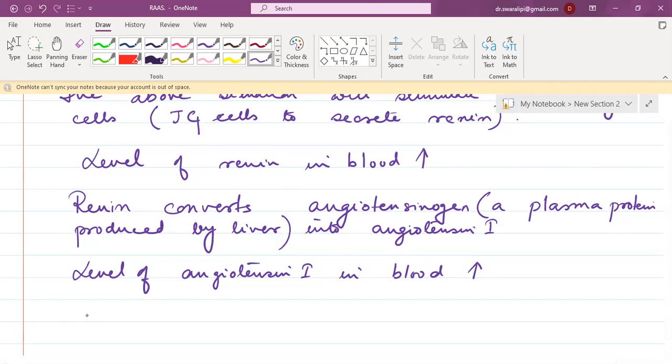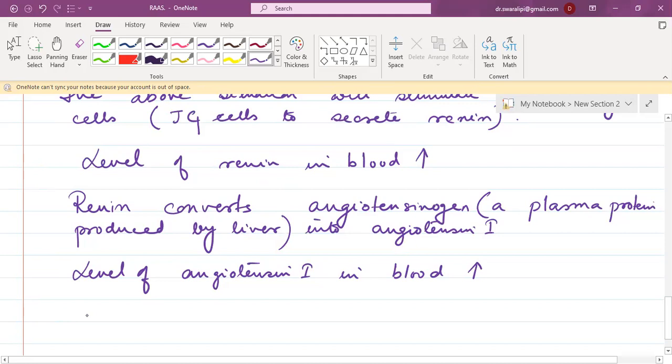So when this blood, which is carrying angiotensin 1, is flowing through the lungs, the lungs, on experiencing this angiotensin 1, will secrete an enzyme known as angiotensin converting enzyme.